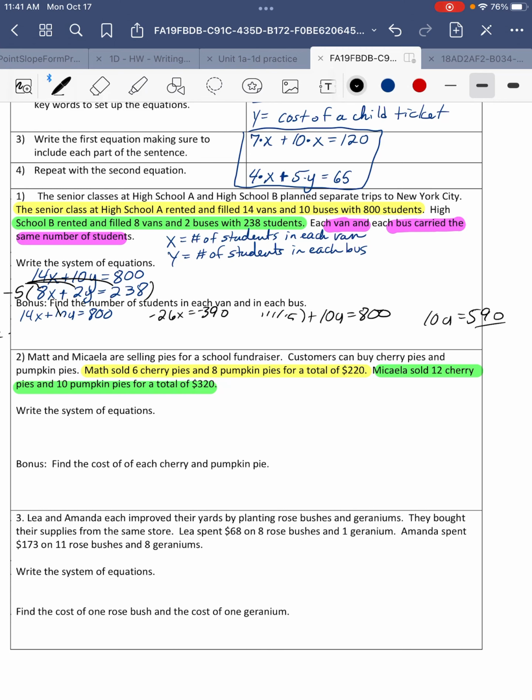So let's define what we need first. We need to find the cost of each cherry and pumpkin pie. So x equals the cost of a cherry pie. Y is going to equal the cost of a pumpkin pie.